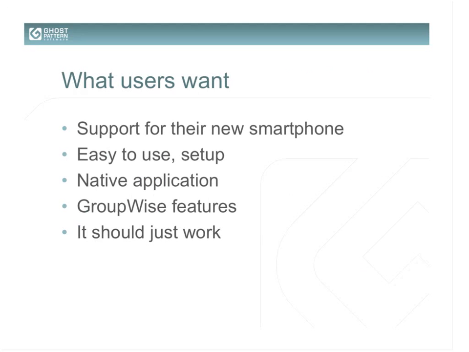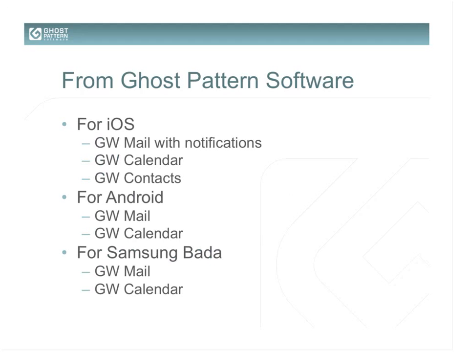What they really want is something that's easy to use. They want a native application, and they want GroupWise specific features, and they want it to just work. That's the expectation Apple has set with people, and so the users, they want that.